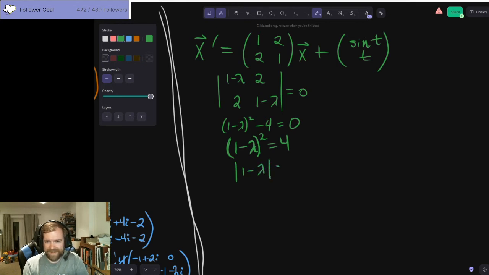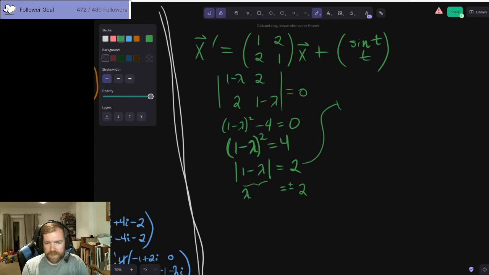I do enjoy having different ways of doing stuff, that's true. So when we take the square root of both sides, make sure you have the absolute value equal to 2. In theory, you could probably just say plus or minus 2 at the end, but I usually like doing this because I've got a method which we'll play around with here in a minute.